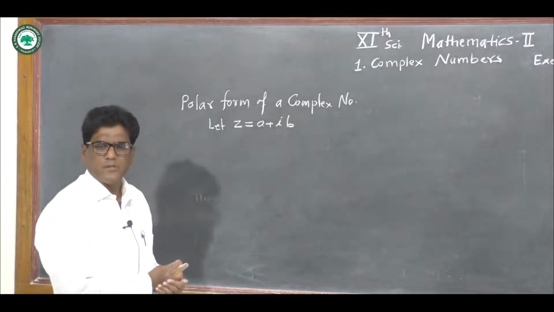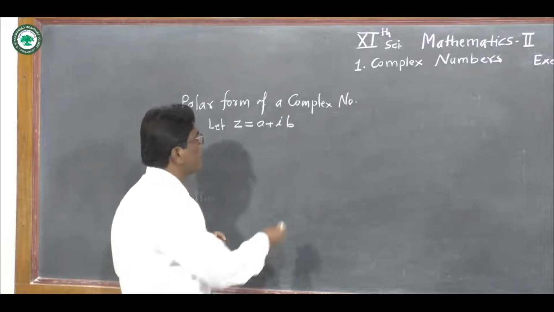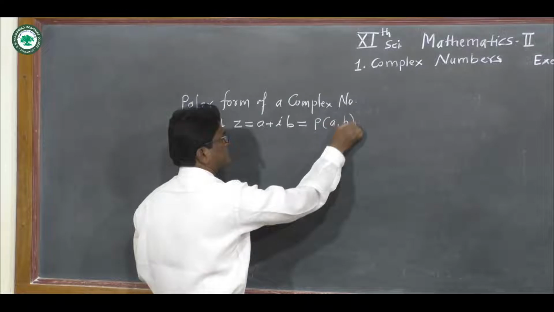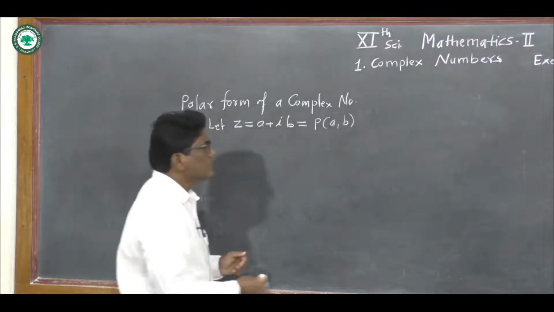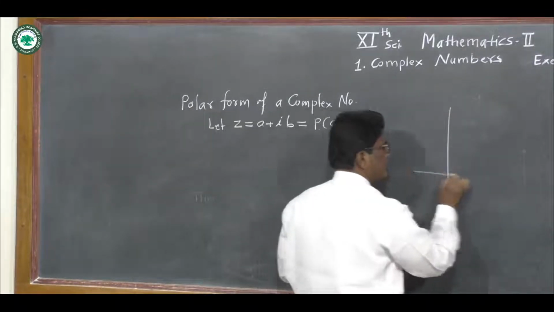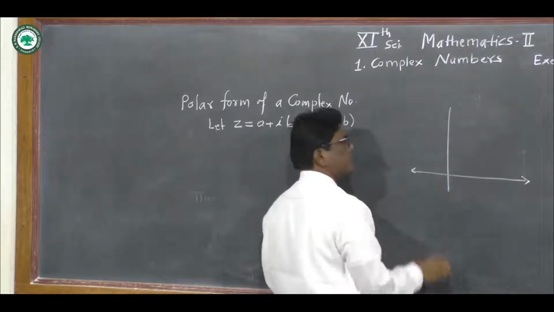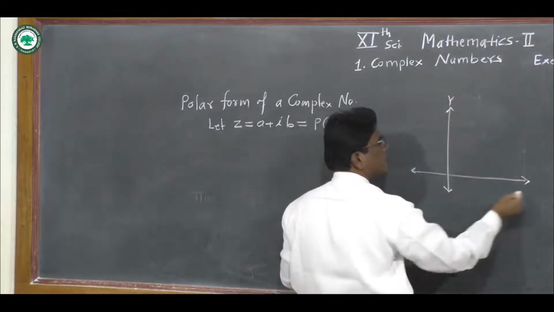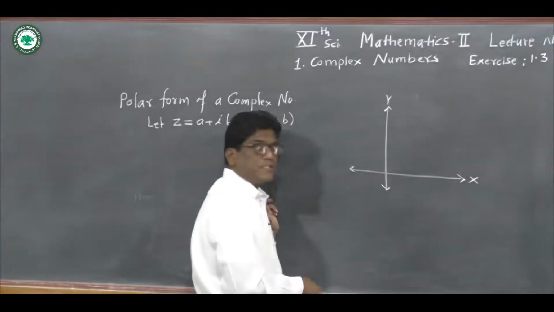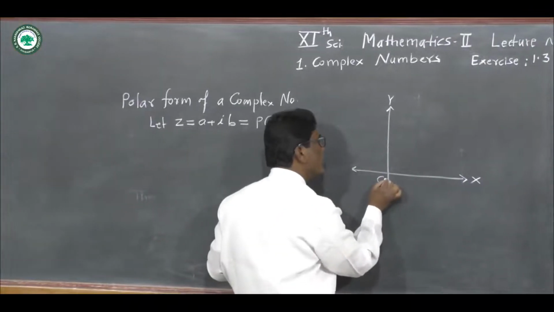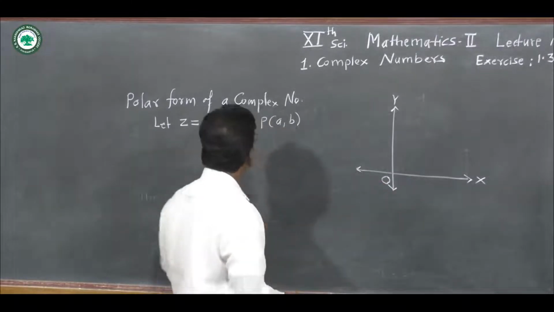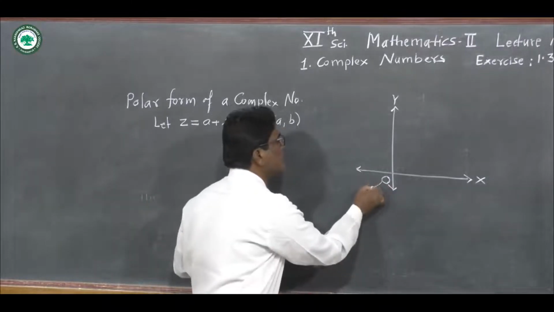It is denoted by the point P(a, b) in the complex plane. Suppose the x-axis we call the real axis and the y-axis we call the imaginary axis, and here O in the Cartesian coordinate system we call the origin, but in the polar coordinate system we call it the pole.